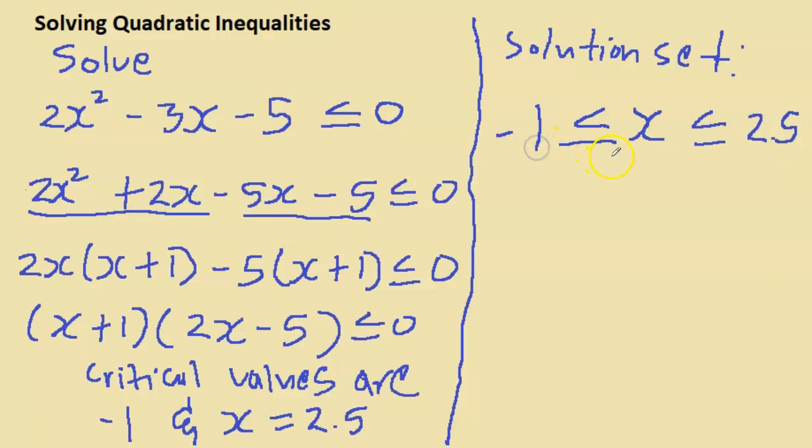In other words, if you plug any value that lies between negative 1 and 2.5 into the quadratic expression here, it would make it 0 or less. So if you plug in negative 1, it will make it 0. If you plug in 2.5, it will make it 0. And any value in between, here's the number line, any value in between minus 1 and 2.5 will make the entire expression 0 or less.